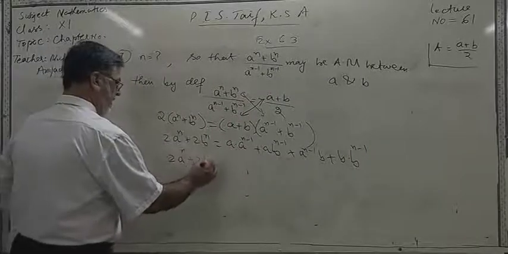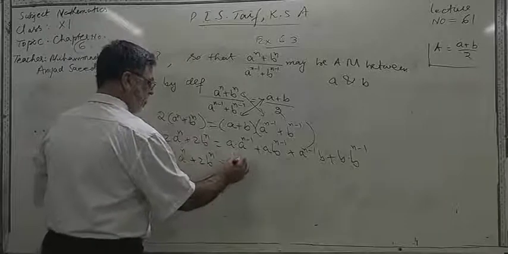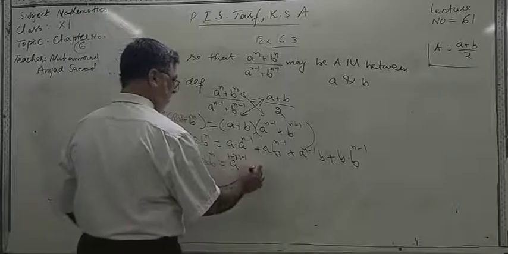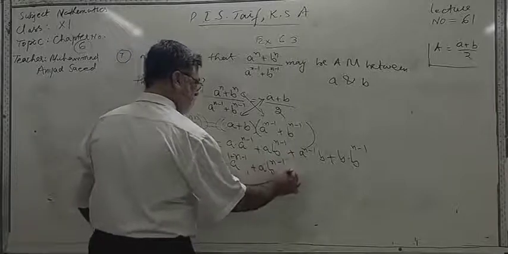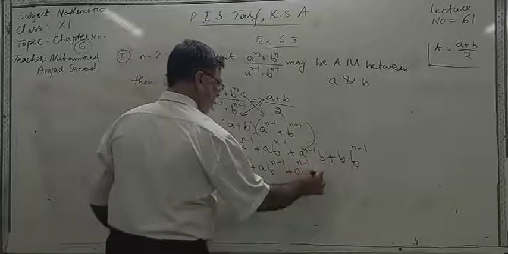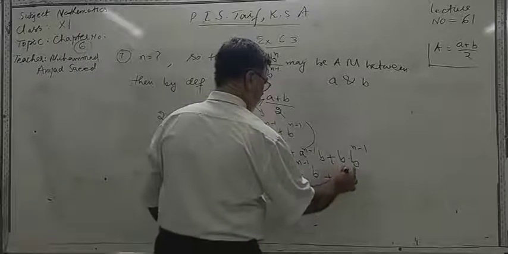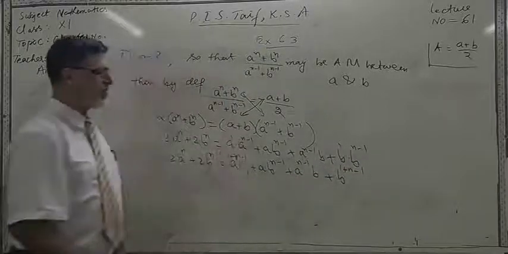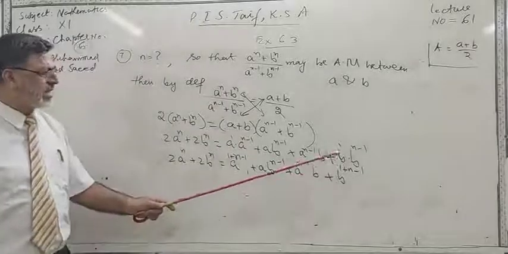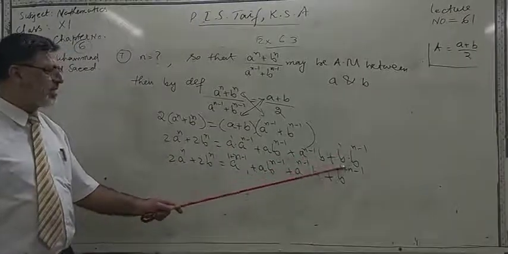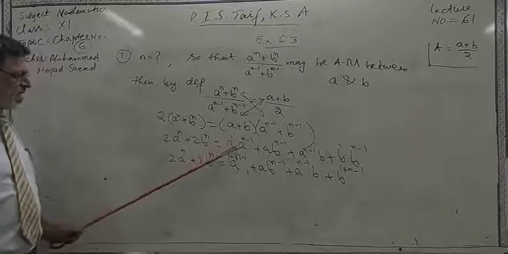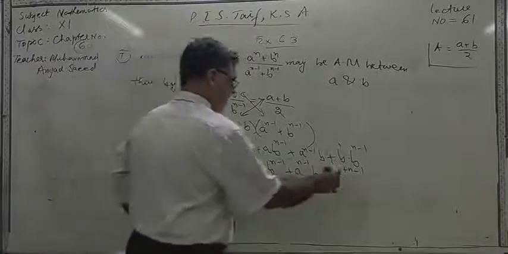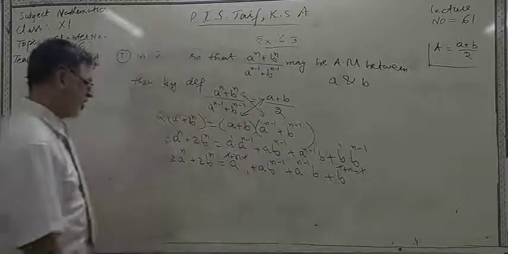2a^n + 2b^n is equal to a^(1+n-1) + ab^(n-1) + a^(n-1)b + b^(1+n-1). Dear students, you know that if the bases are the same, their powers are added. Here 1 and minus 1 cancel out.